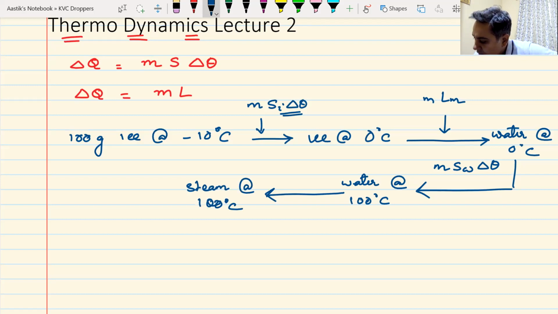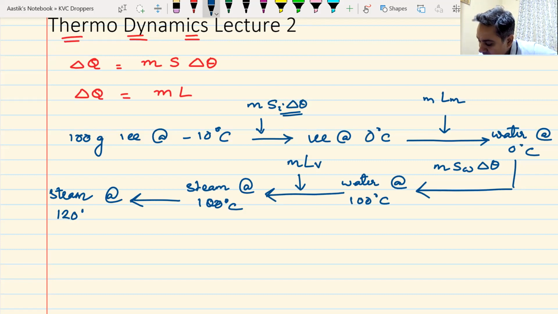For this, I require mass into latent heat of vaporization of water. Then I have steam at 100 degrees Celsius. I will just convert it to steam at 120 degrees Celsius. The process is mass into specific heat of vapor into delta theta. Do we all understand this now?